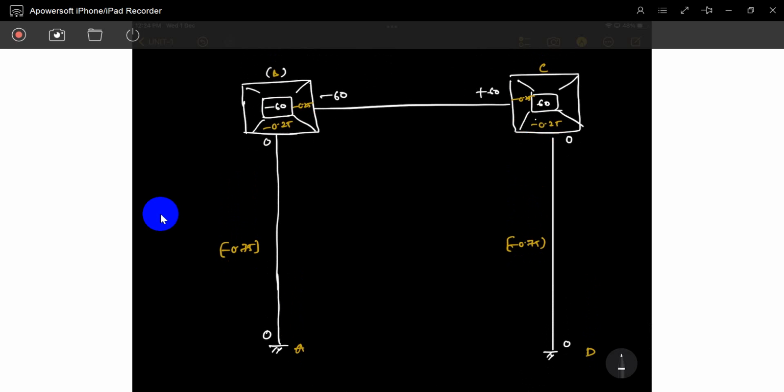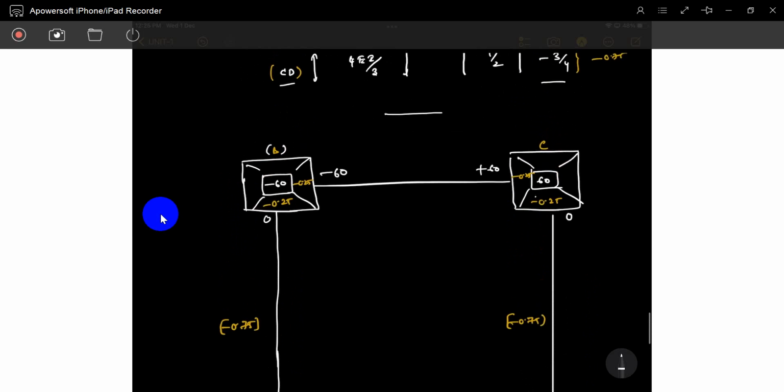Sir, BC has no translational moment because the beam just goes straight. The beam goes like this, so for BC there is no translational moment generated towards the beam.